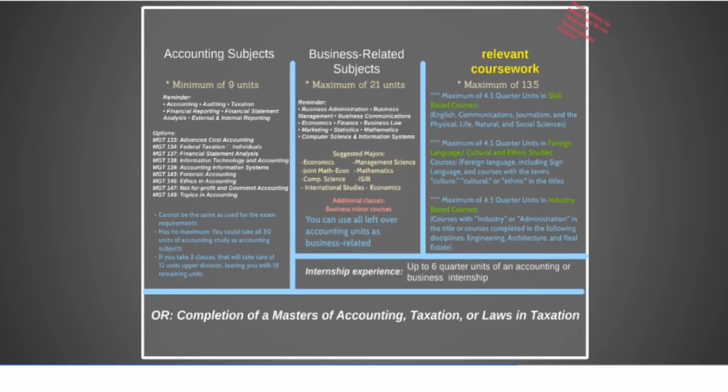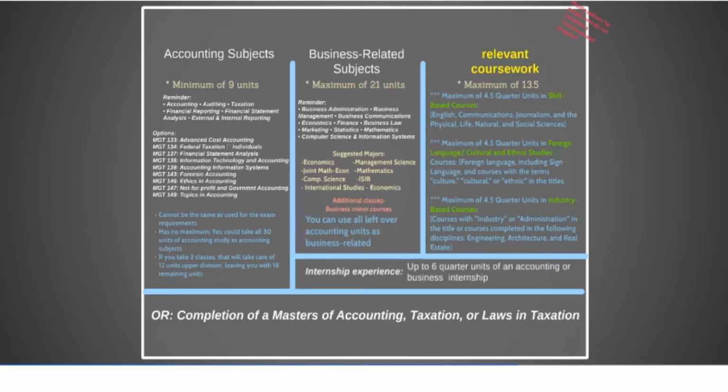Then there's another section that is asking for relevant coursework, and that is a maximum of 13.5 units. I'm sorry. So basically that is an alternative for students whose major does not include business related subjects to be able to complete their requirements without much hassle.